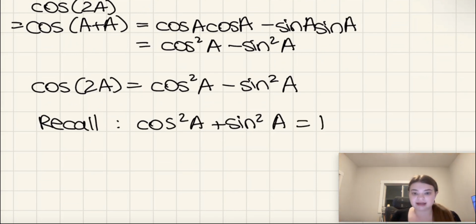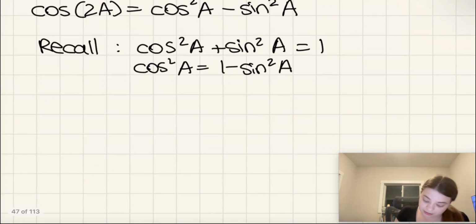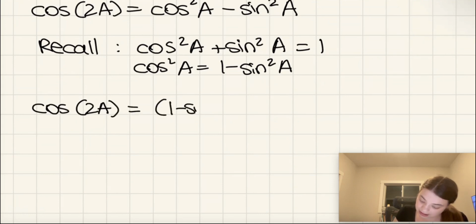And so cosine squared A is equal to 1 minus sine squared A. If we sub that into what we have here, we get that cosine 2A is equal to 1 minus sine squared A minus sine squared A.